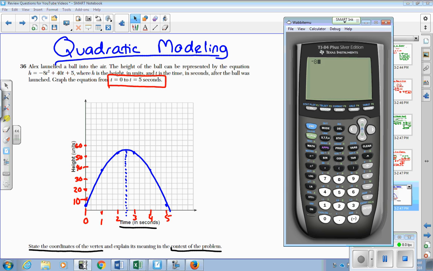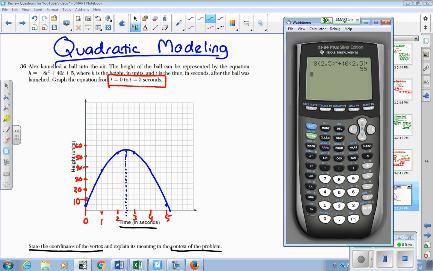So I got -8, and I'll use parentheses, 2.5 squared plus 40, parentheses 2.5 again, plus 5. So that gives me a maximum height of 55.